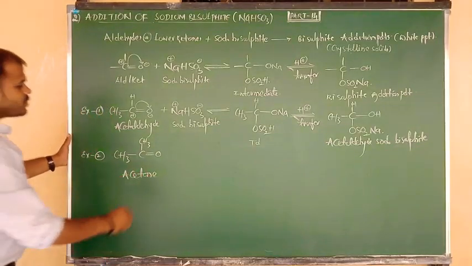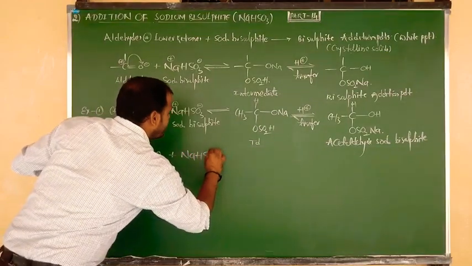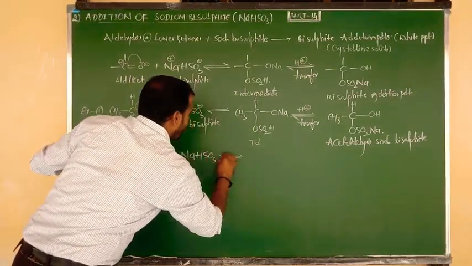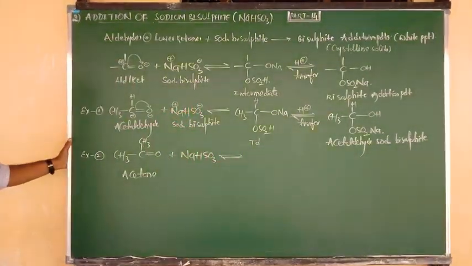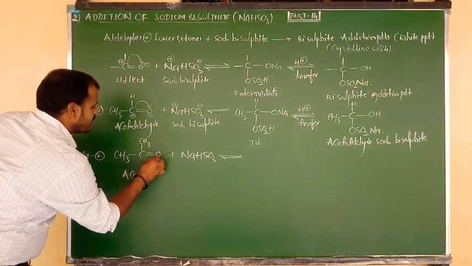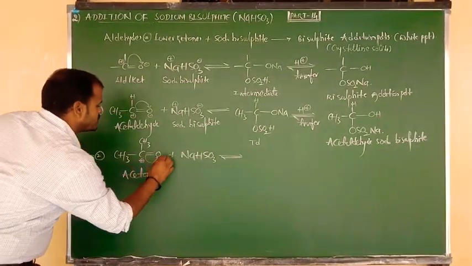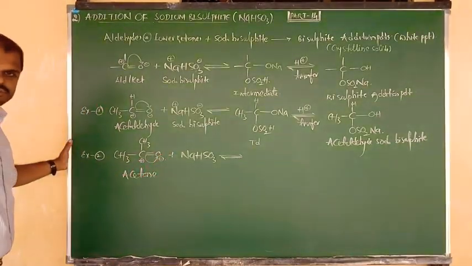Okay. Acetone upon addition by sodium bisulfite, NaHSO3. Clear, Nana? Again the same thing, the pi bond electrons are delocalizing towards the oxygen. So the central C contains positive, the carbonyl oxygen contains negative charge.